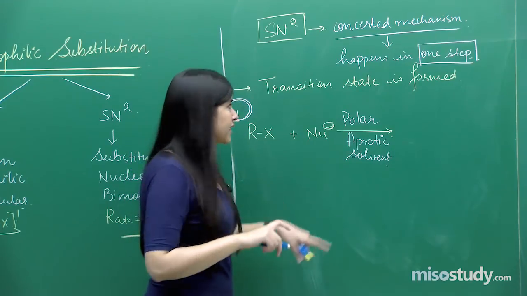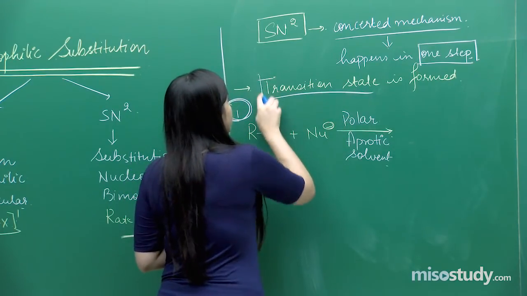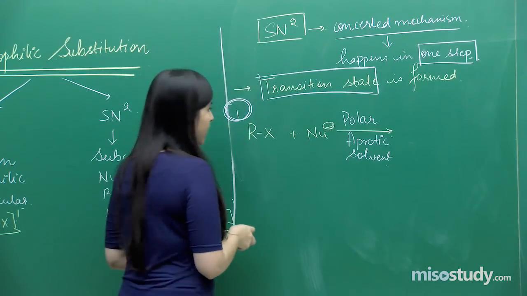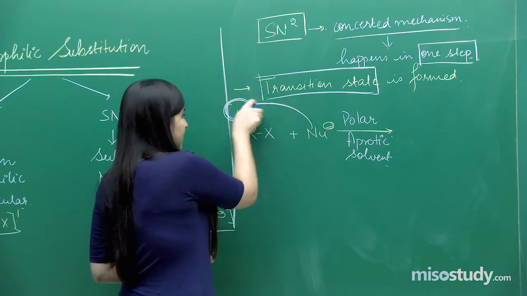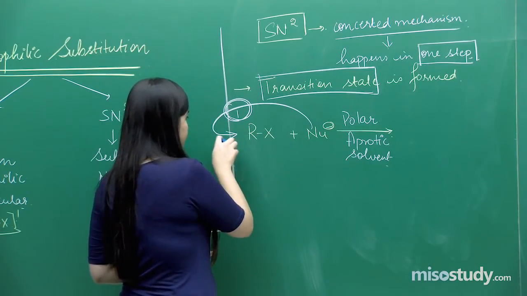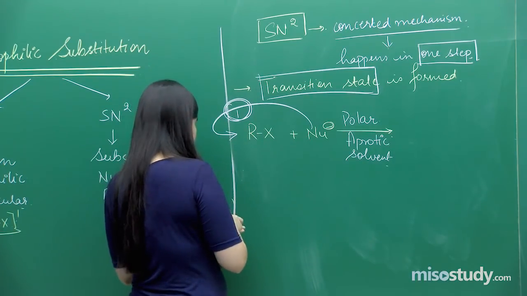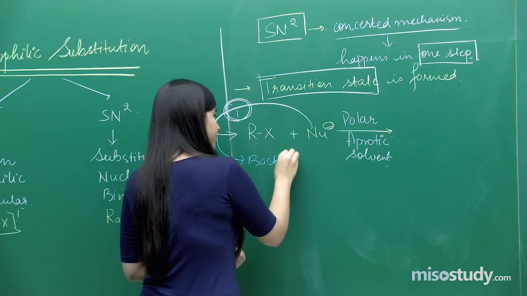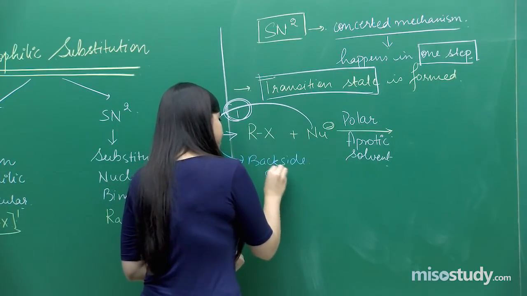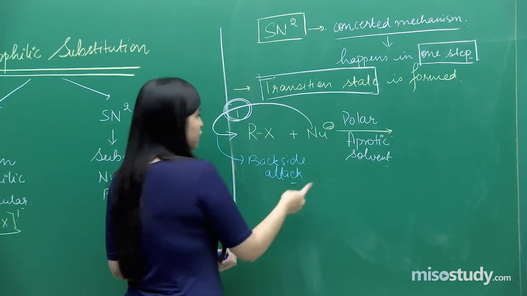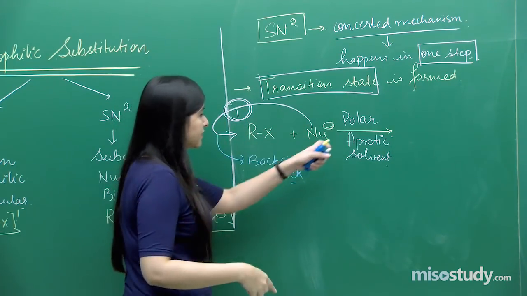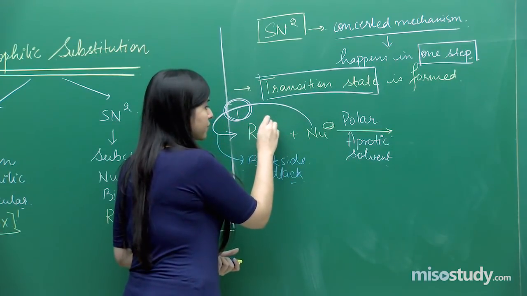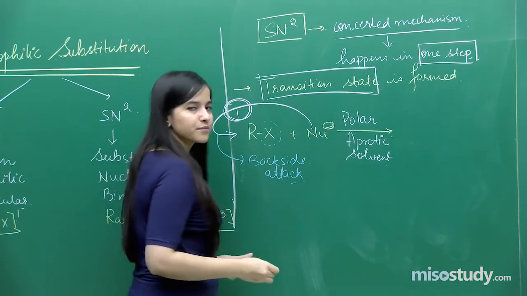What will be happening is, the main thing is the formation of the transition state. Let us just see how the transition state is getting formed. The nucleophile actually attacks from the back side, right? It is a backside attack basically. It does not come from the front, because it will face so many repulsions due to this electronegative atom, right?